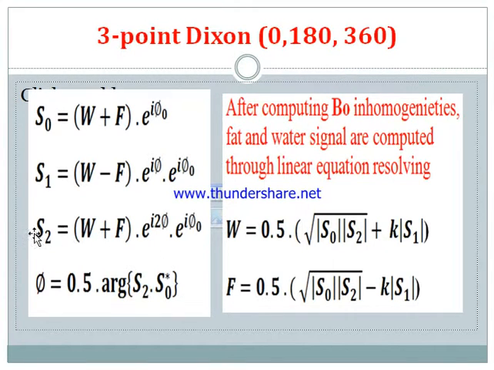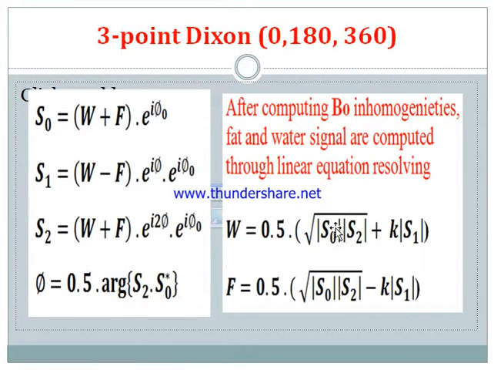And we can utilize this third image to get the phi value. If we get the phi value, that means we solve the problem of the B0 inhomogeneity. So this equation is used to solve this problem. And after computing the B0 inhomogeneity, fat and water signal are computed through linear equation resolving.